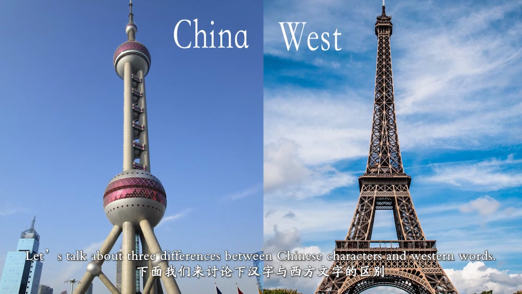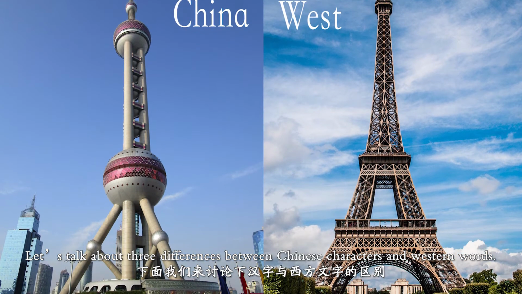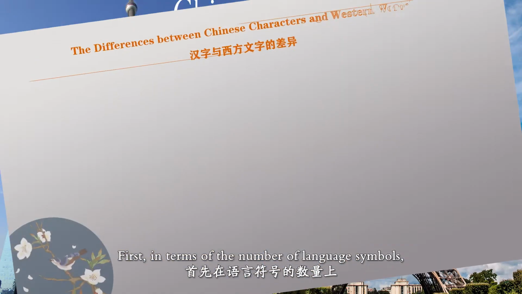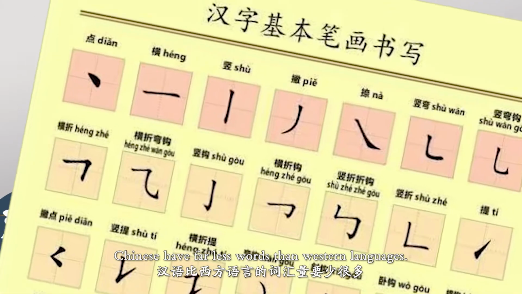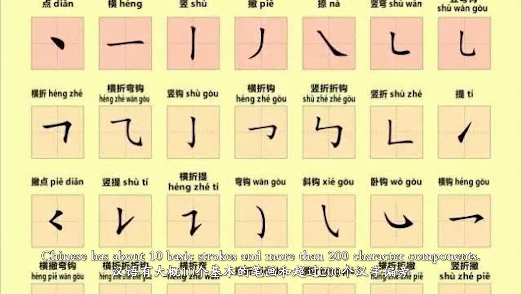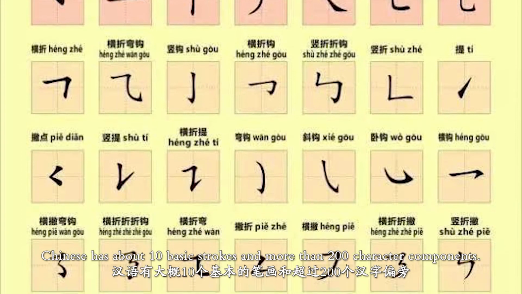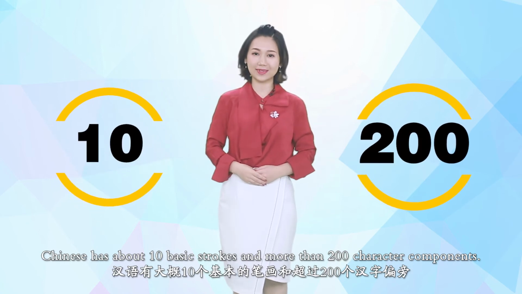Let's talk about 3 differences between Chinese characters and Western words. First, in terms of the number of language symbols, Chinese has far fewer words than Western languages. Chinese has about 10 basic strokes and more than 200 character components.